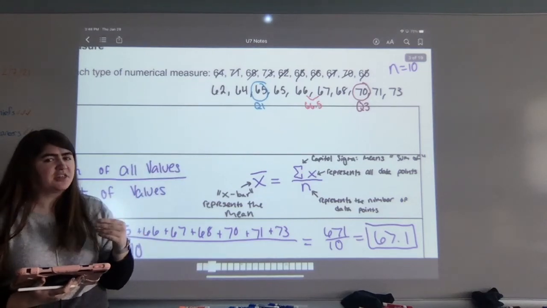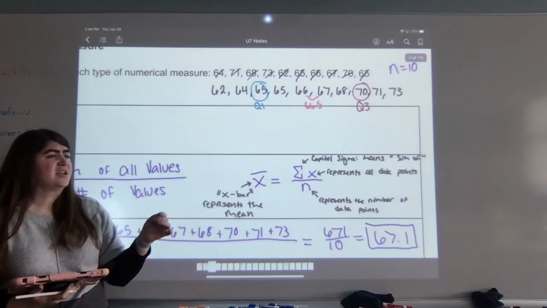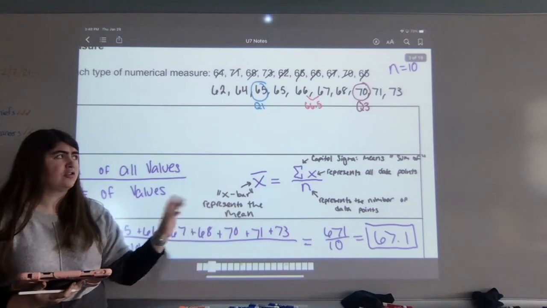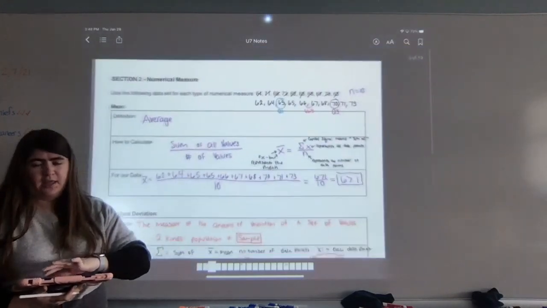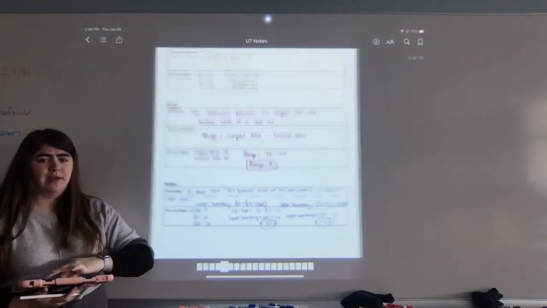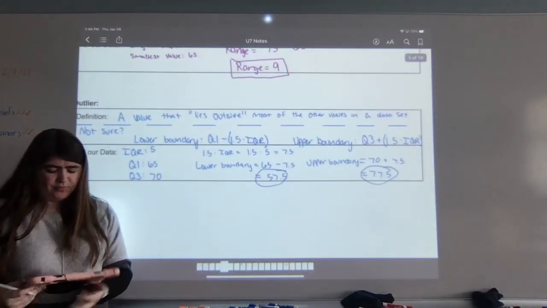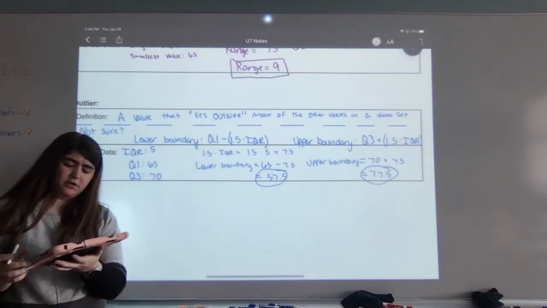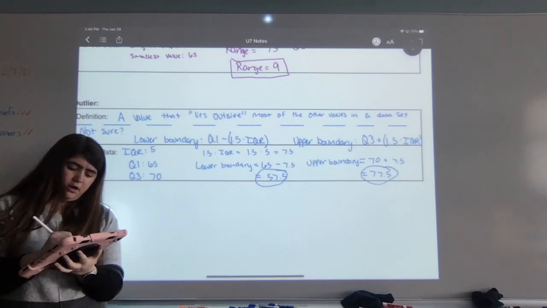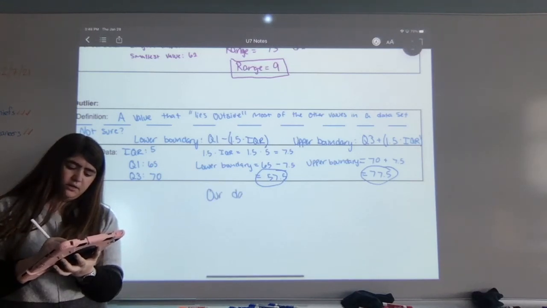So there is nothing in our data set that is below our lower boundary or above our upper boundary. That means that we do not have any outliers. So our answer to this question is there are no outliers.